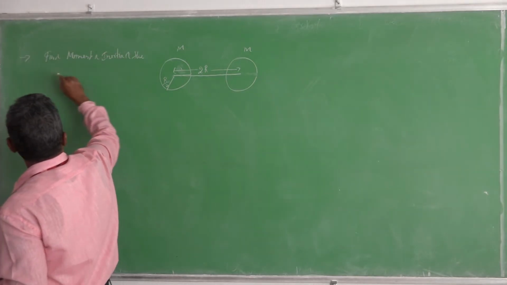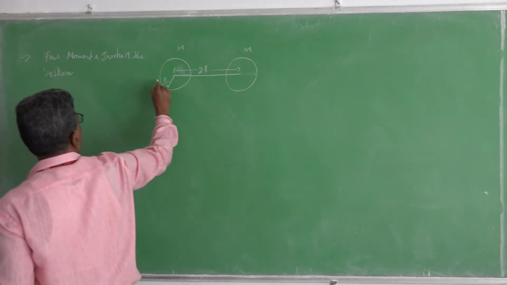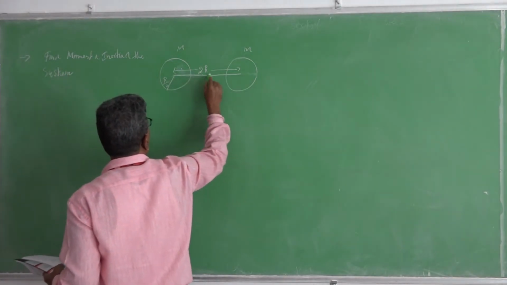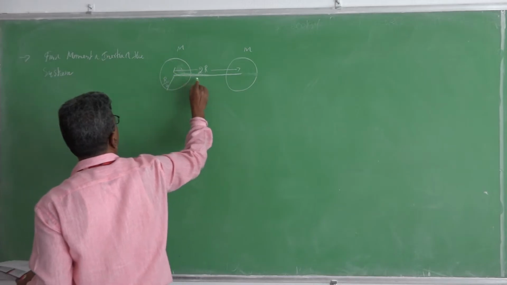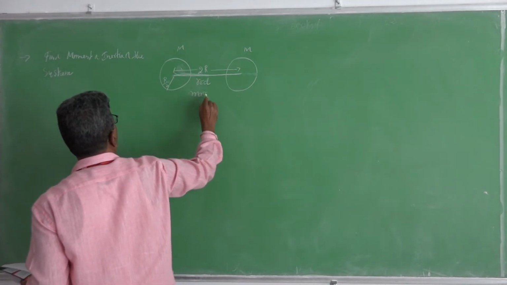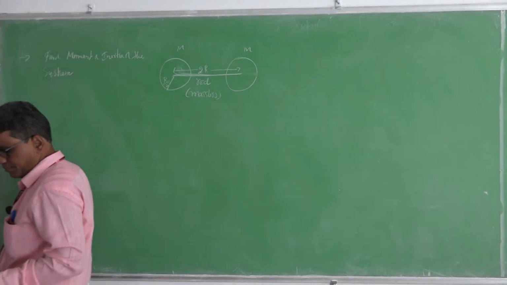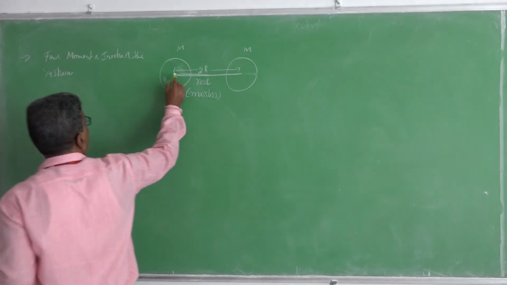What is this system? It consists of two spheres and a rod. This rod is massless.